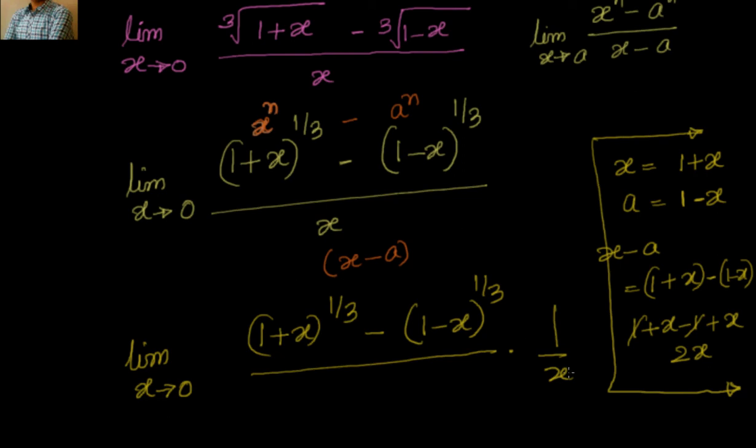I will put the x whatever I have here and I will write down what I need to have. I need to have 1 plus x minus 1 minus x.